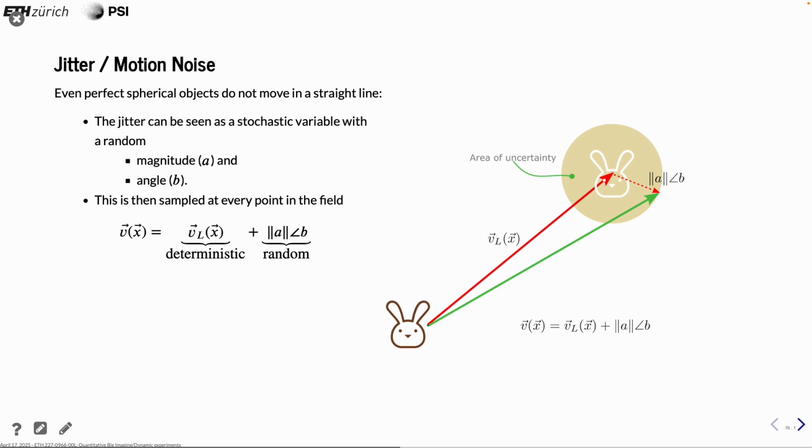And in the end, your object actually lands somewhere else than you would have expected. This gives you an area of uncertainty. And that is actually also used in tracking algorithms, where you have your deterministic or expected direction, and on top of it you have the uncertainty area, which you can get from a covariance matrix, for example.